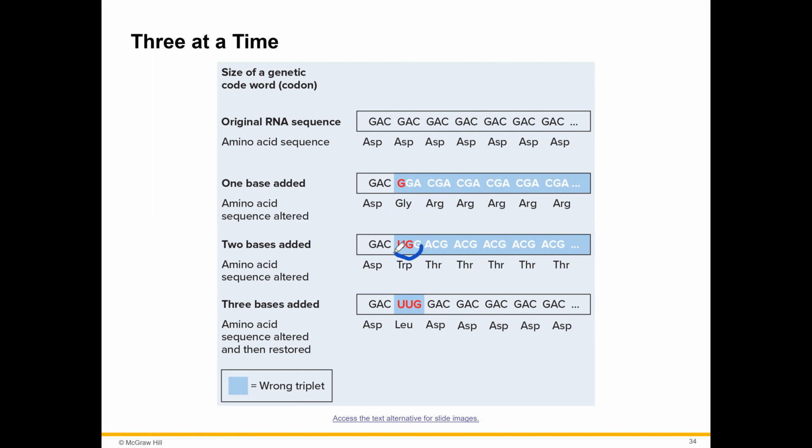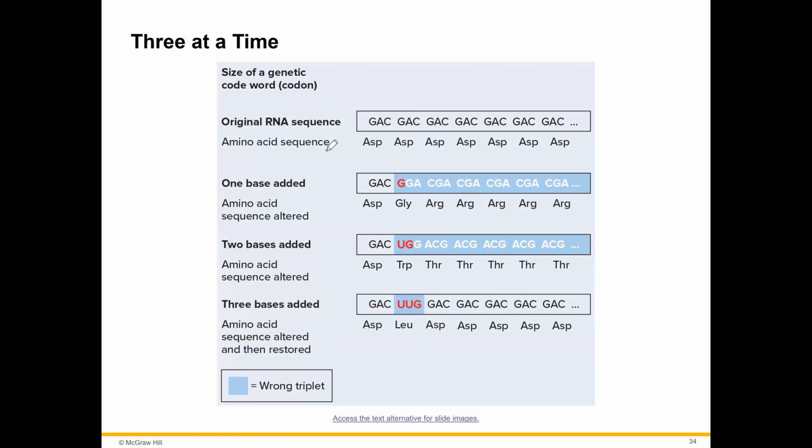If we insert 2 bases, we again are going to alter the sequence. But if we insert 3, then the sequence is altered, we have only one extra amino acid, but then it's restored. So you can see how it works.